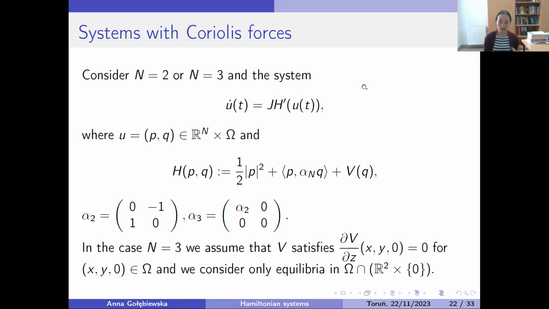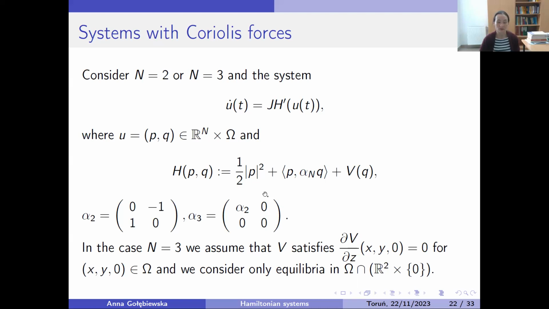So as I mentioned at the very beginning, this is the kind of systems we obtain quite often in celestial mechanics. The example is the planar restricted three body problem. So the systems with Coriolis forces would be systems with potential Hamiltonian H given in a very special form.